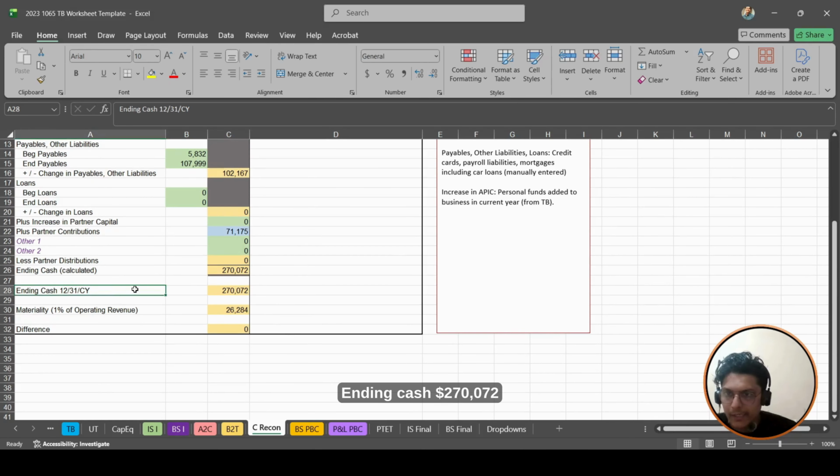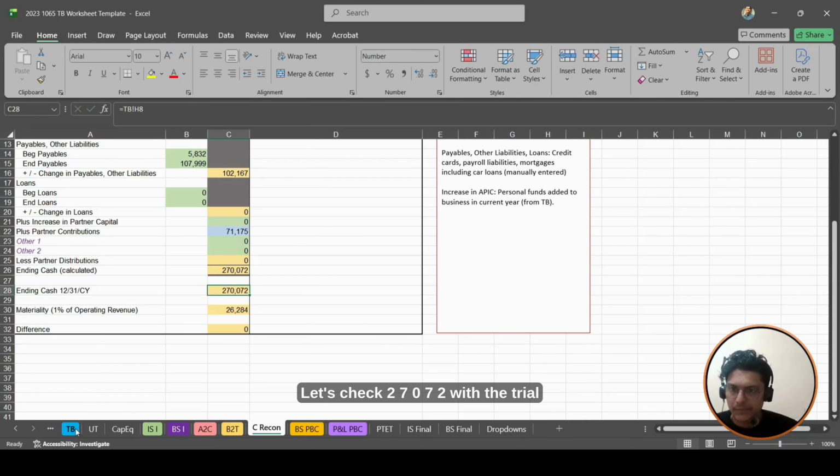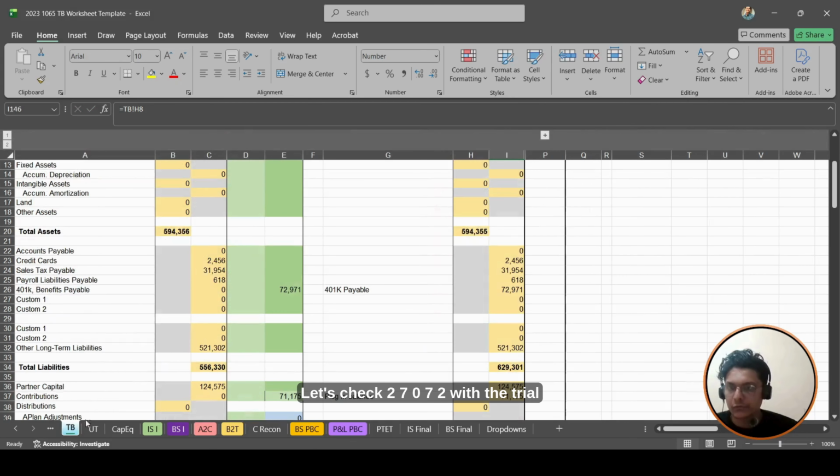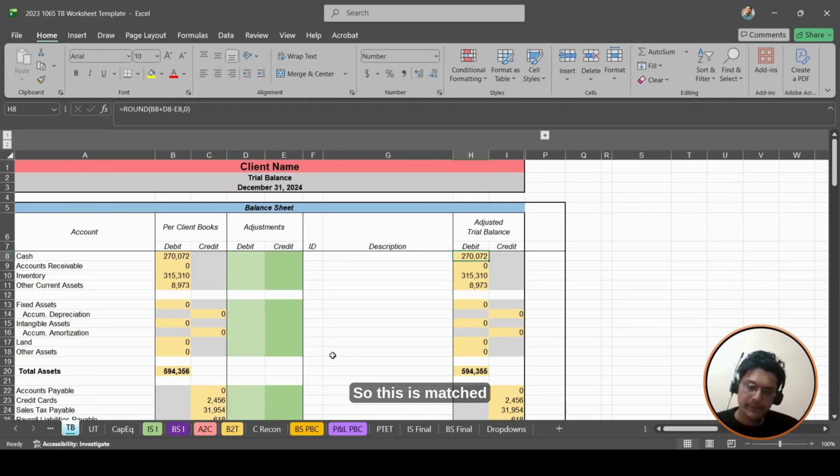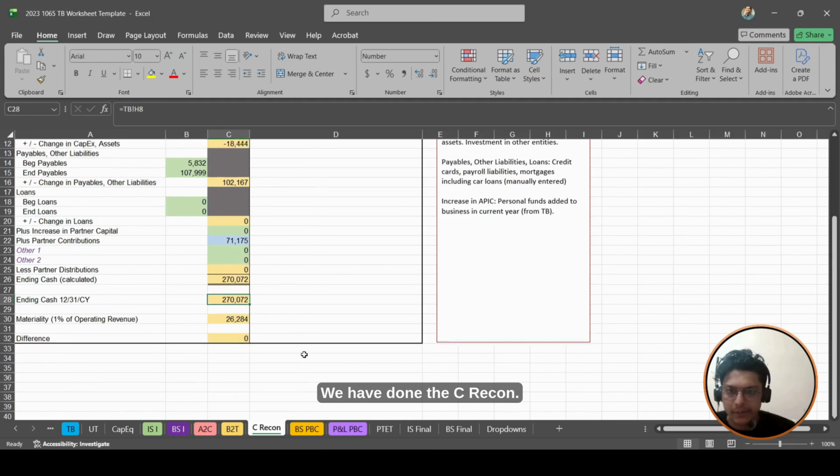Ending cash 270,072. Let's check 270,072 with the trial balance. 270,072. Perfect. So this matches. We have done the C recon.